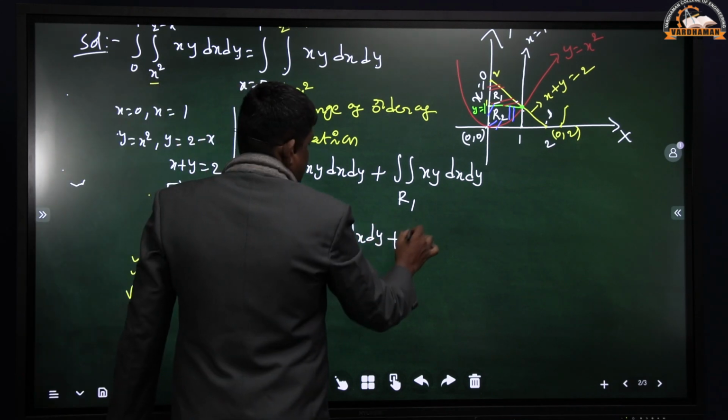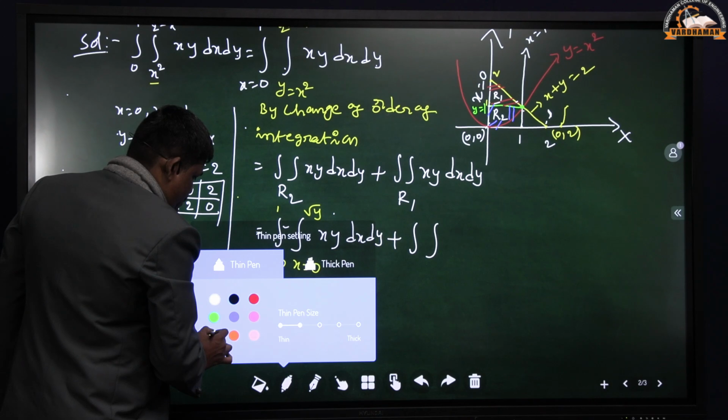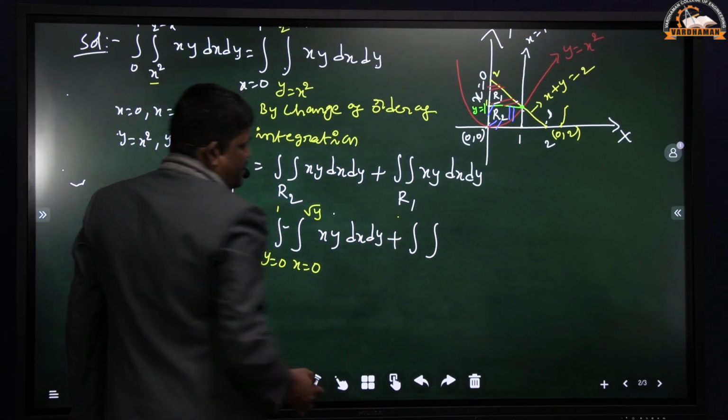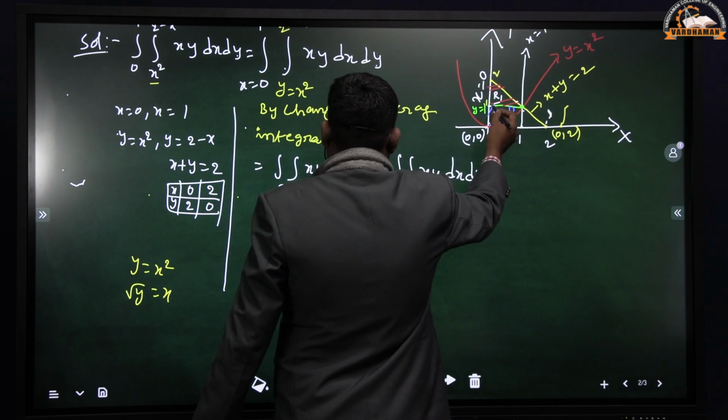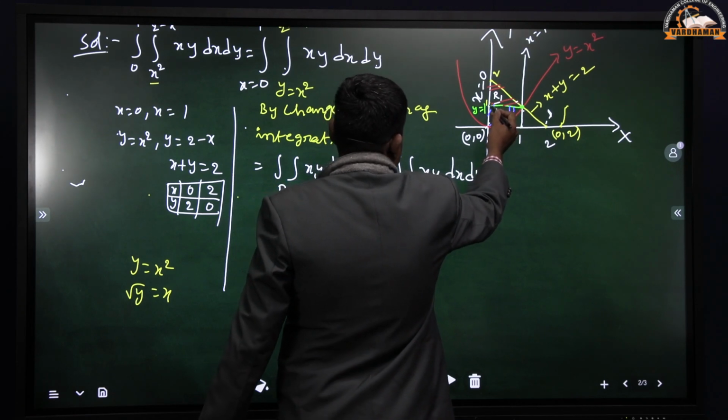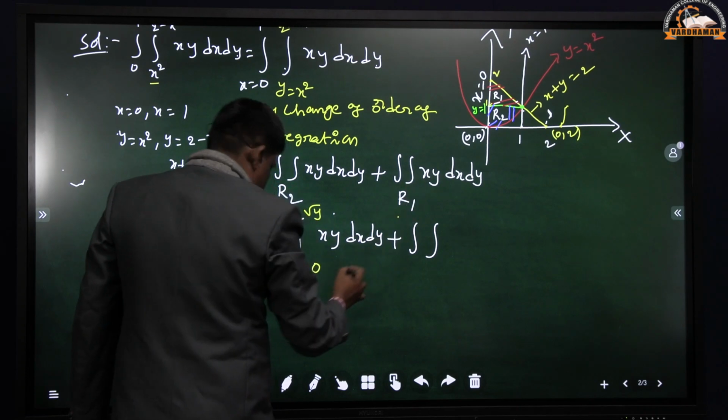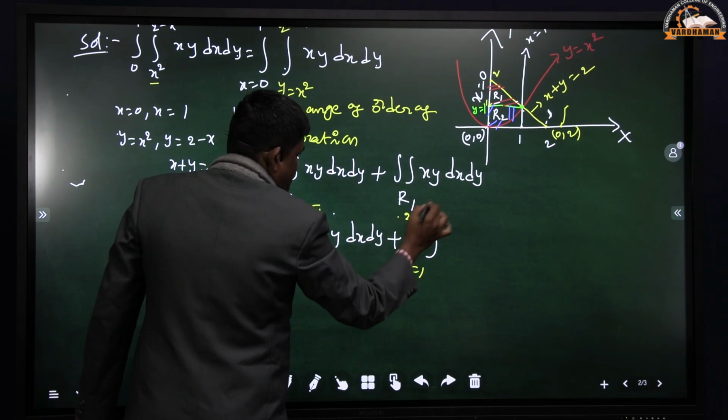Now plus, coming to R2, the R2 gives the limits. Here y is constant limits, meaning y is 1 to 2, simple.